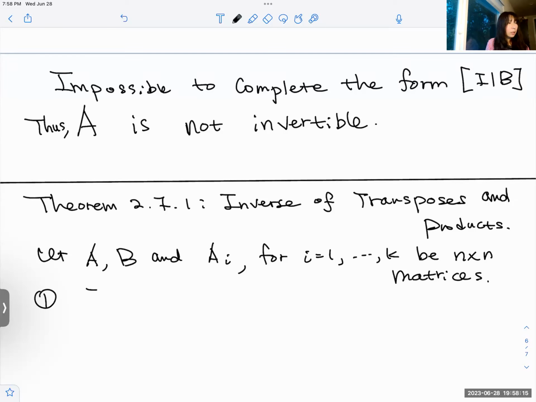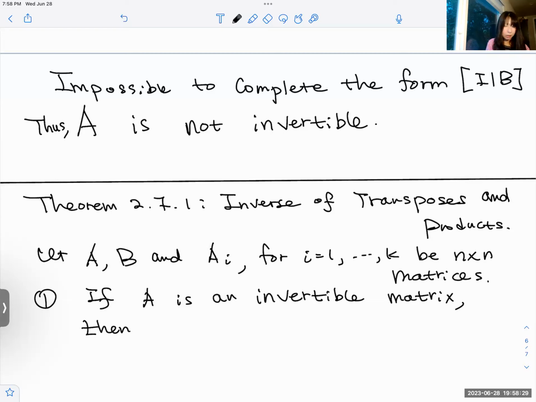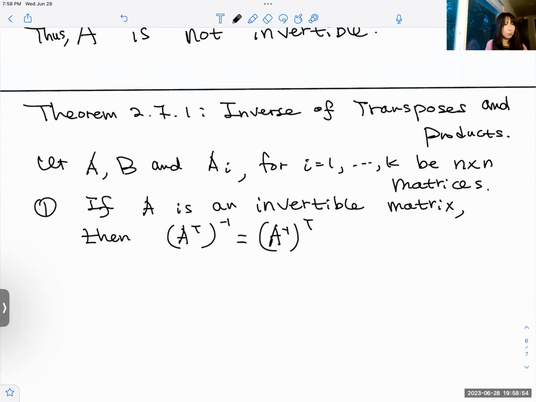Number 1: if A is an invertible matrix, then the inverse of the transpose of A, we read it this way, is equal to the transpose of the inverse of A, right? Okay, let me prove this one later.